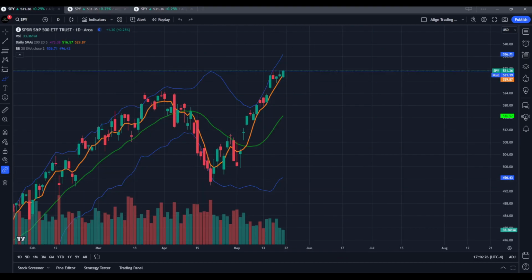So now on the daily chart, as I was mentioning earlier, we are within this very tight range right here. However, we are still above this 5-day moving average, and we can now look to retest this upper Bollinger Band as we often do when we are still above this 5-day moving average and in an uptrend.